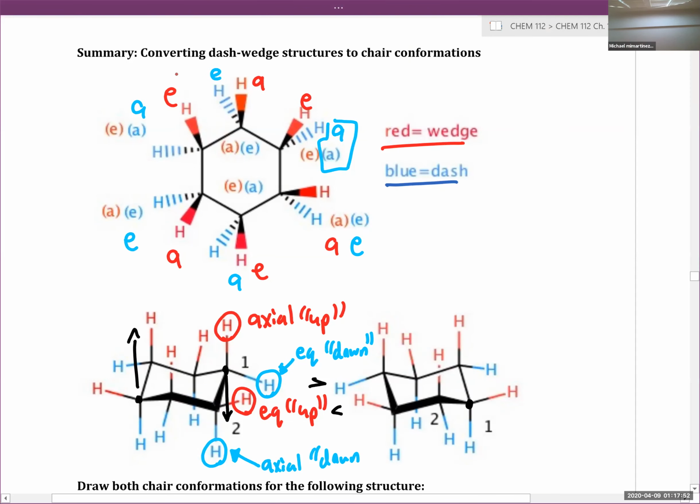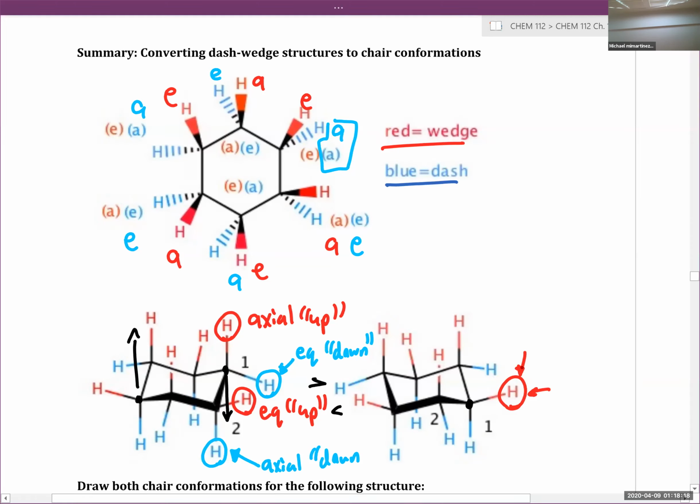So looking at this hydrogen here at carbon 1, the hydrogen in red, is it axial or equatorial after the ring flip? So this one right here after the ring flip, this would be equatorial pointing up.